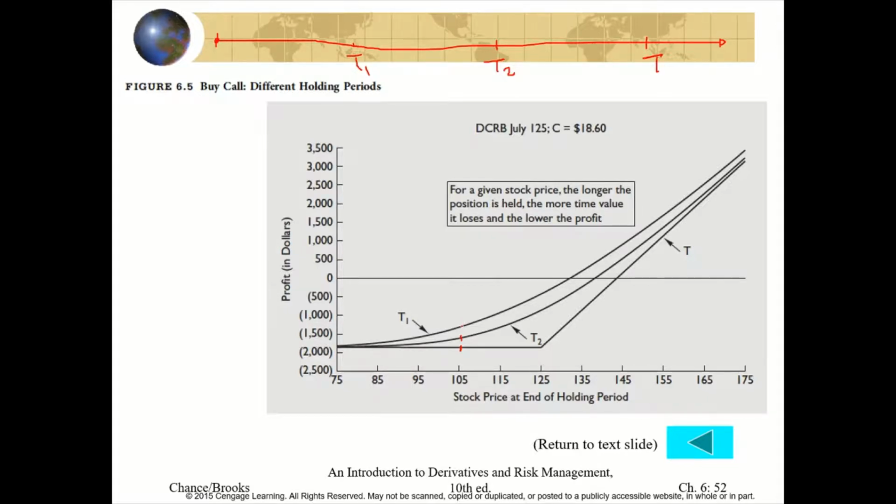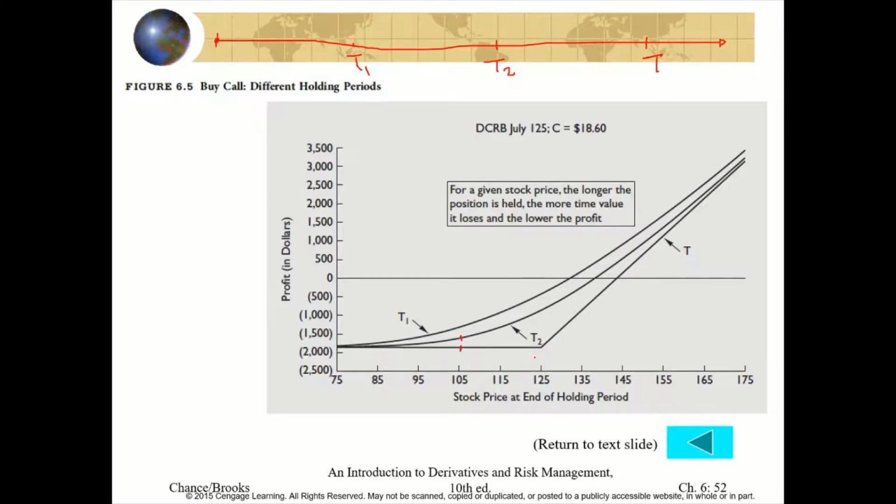Now, is that what will happen in reality? Well, in reality, the intrinsic value will not stay constant. It changes because the stock changes. If the change in the stock price offsets the decay in the time value, then it doesn't mean that waiting until maturity you will always realize a lower profit.